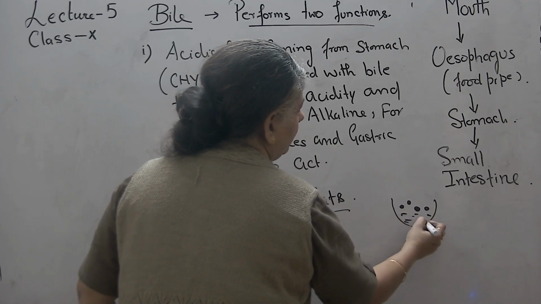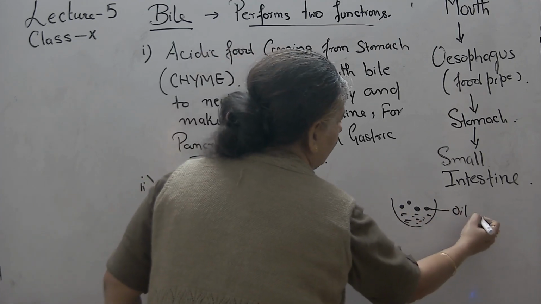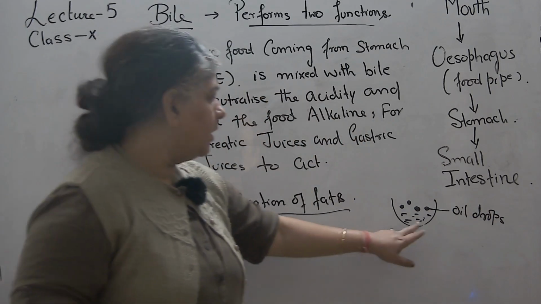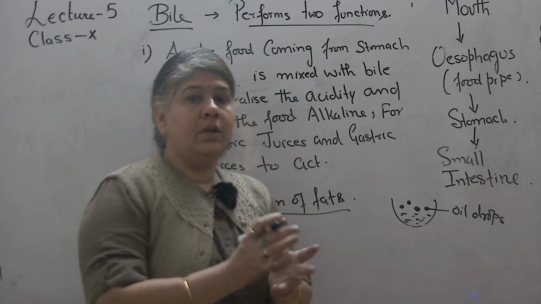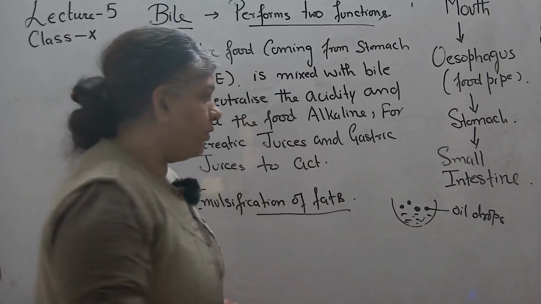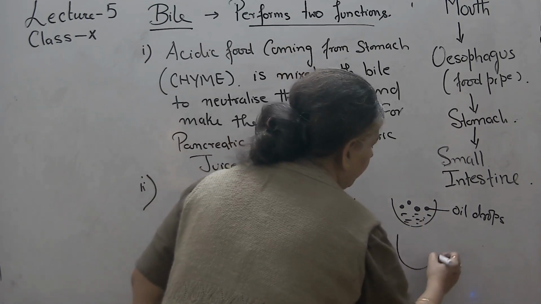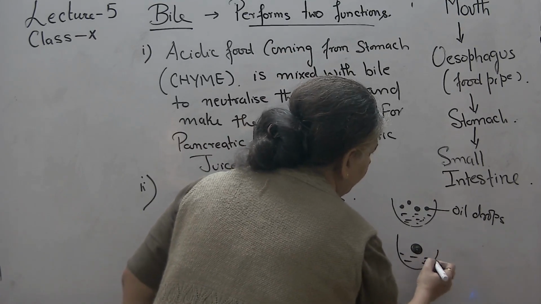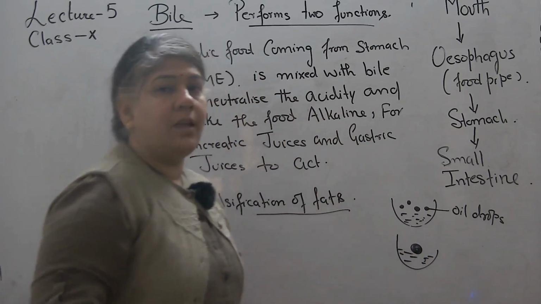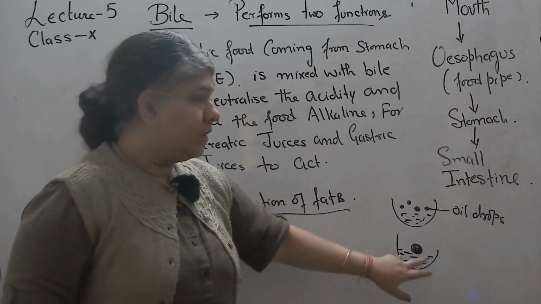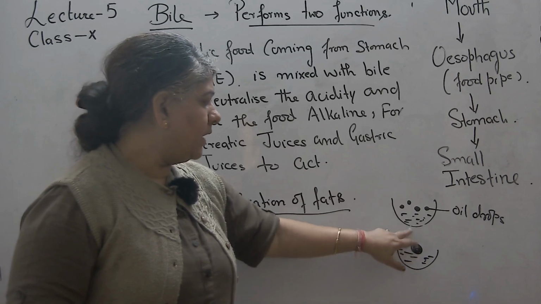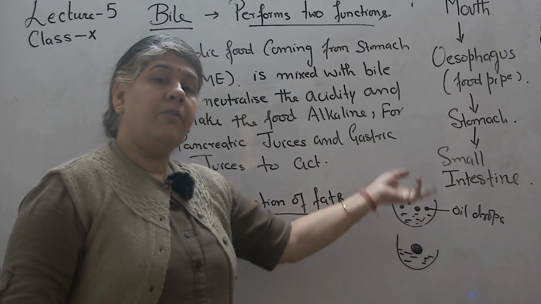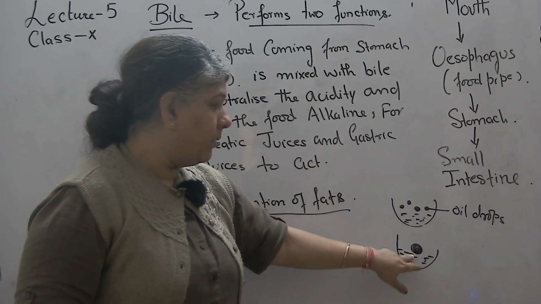Water having oil droplets. There's a tendency of oil drops to coalesce. They'll come together and form a big drop. So emulsification is basically breaking down of these oil droplets and also preventing them from coalescing, that is joining.